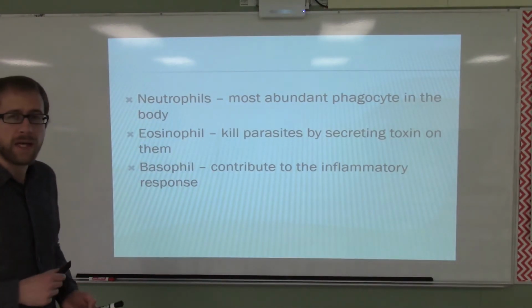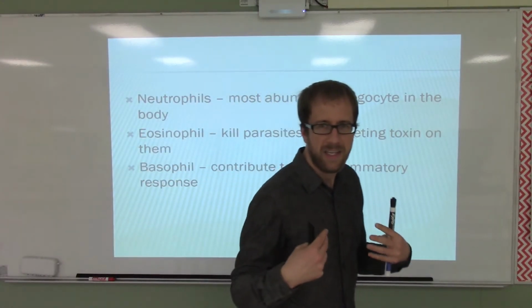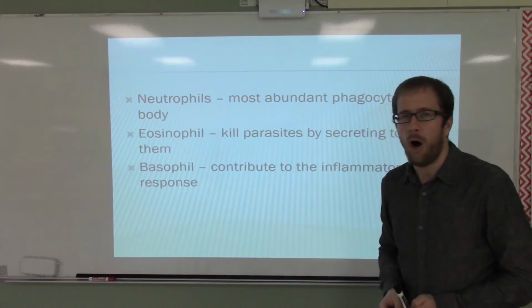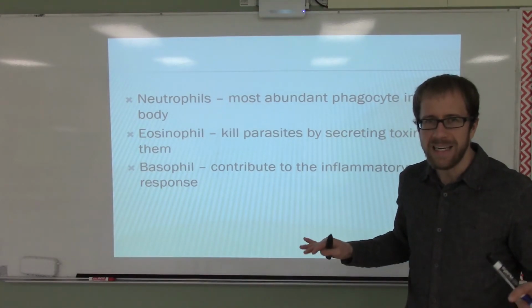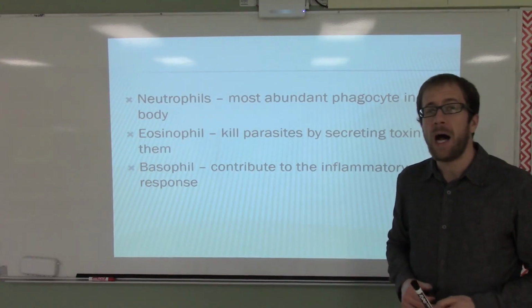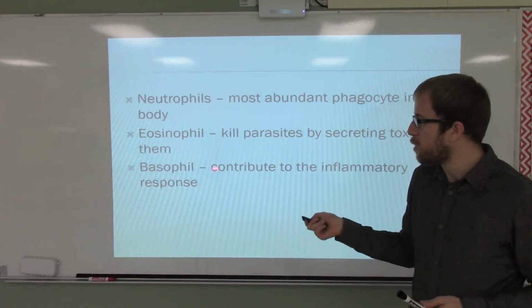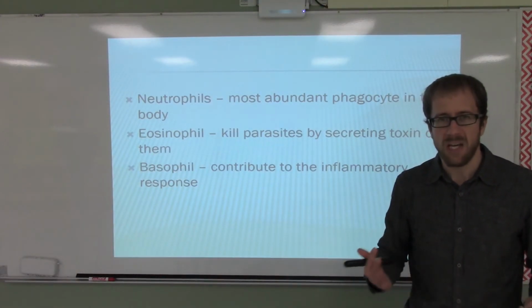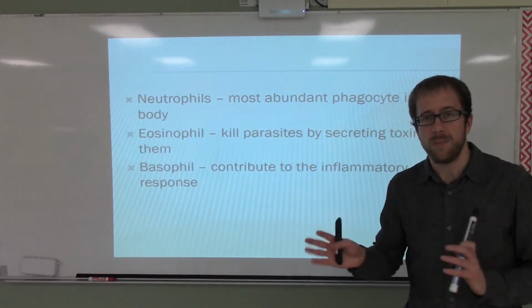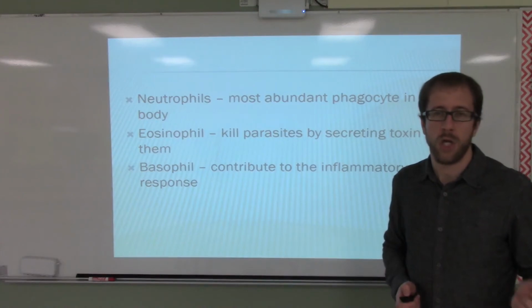And they are important for that, but these are also the jerks that give me allergies in the spring. So right now, all of the dust, all of the mold from all of the decaying organic matter, that is playing havoc on my body because my basophils are releasing these inflammatory cytokines, these histamines, really when they're not supposed to, against things that are harmless, not harmful.